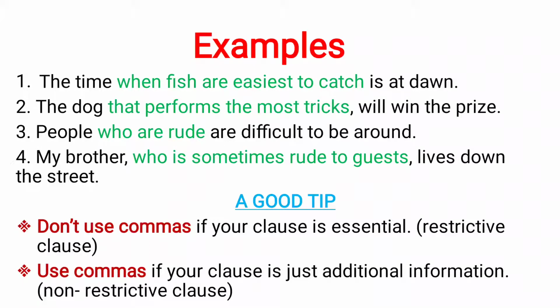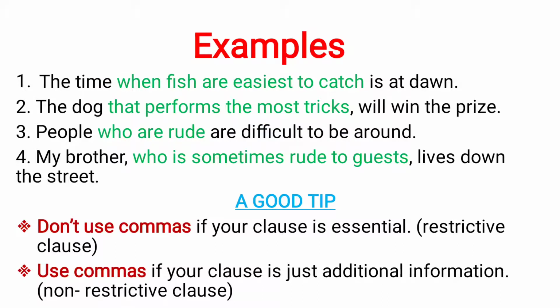Similarly, "The dog that performs the most tricks will win the prize." Now here we have a subject, that, and a verb, performs, and as this group of words is describing the dog, meaning a noun, that is why it is an adjective clause. Now is it restrictive or non-restrictive?